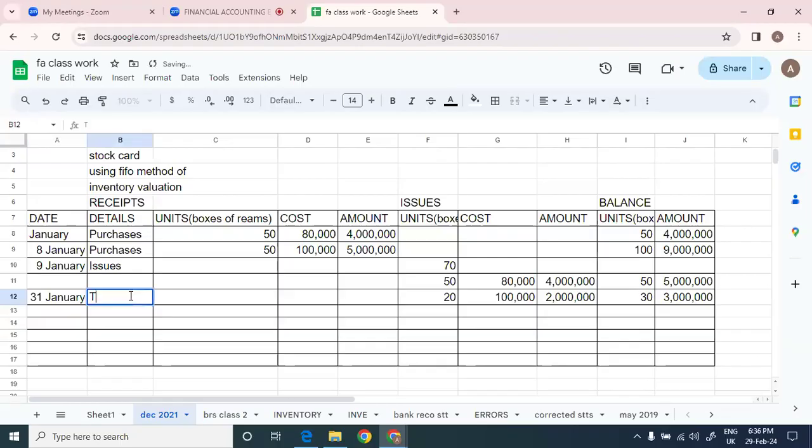I come here, I write my total. So here what I purchased is this plus this, we get 100. I said don't add the cost. We come here, we add 4 plus this, we get 9 million.